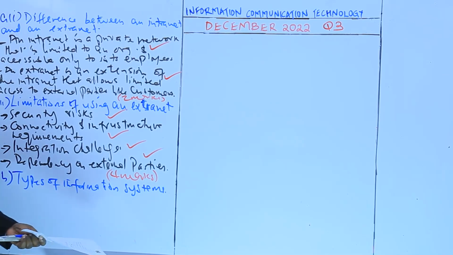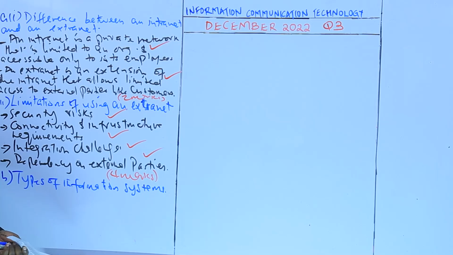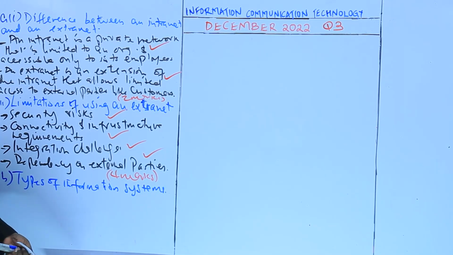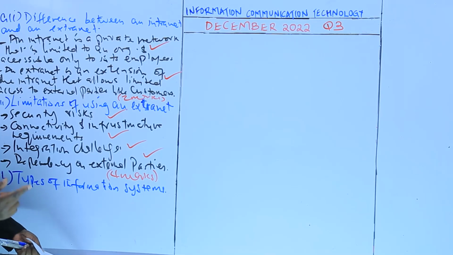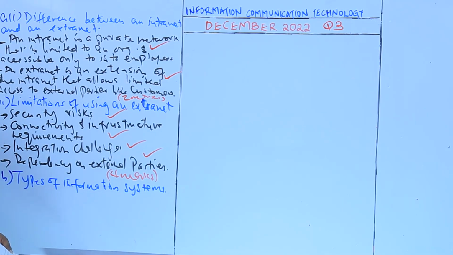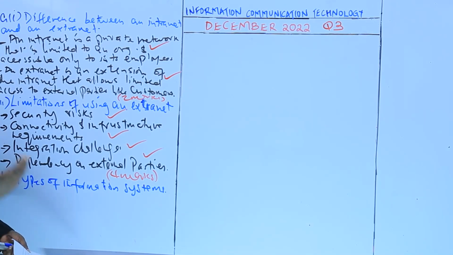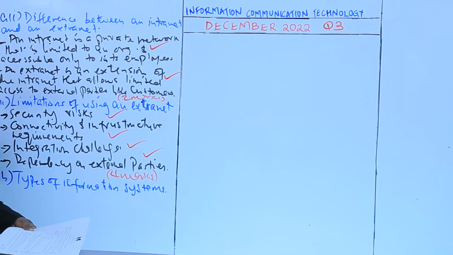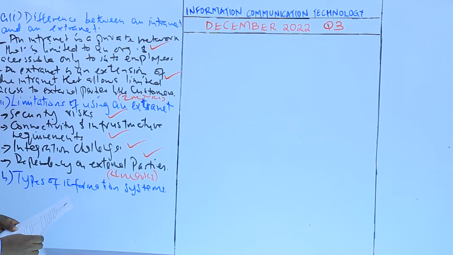This question we have answered several times. Remember, we gave an example of the DSS, that is the decision support systems. We gave examples like the MIS, the management information system. We gave an example of the executive information system, and so on. So candidates here were to give just 3.